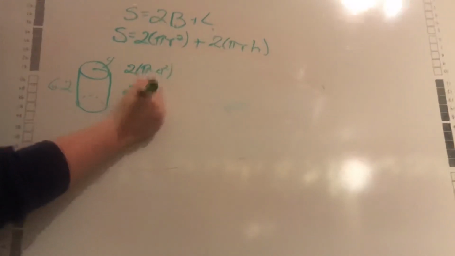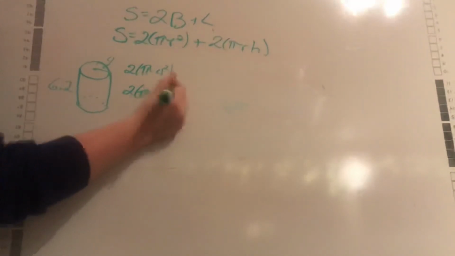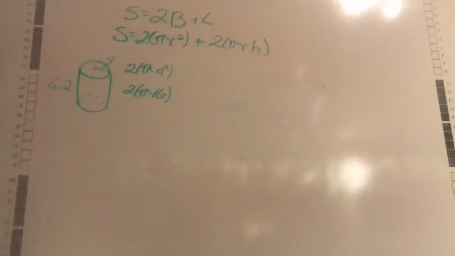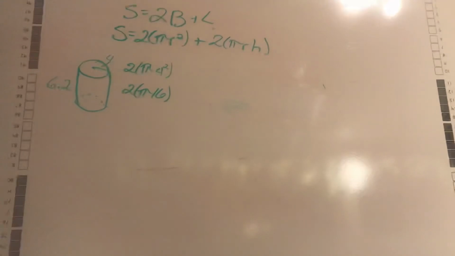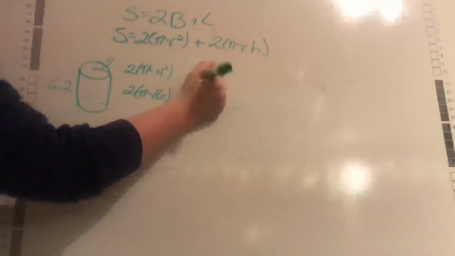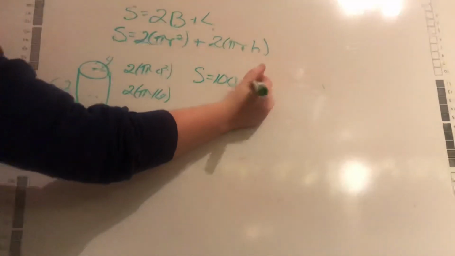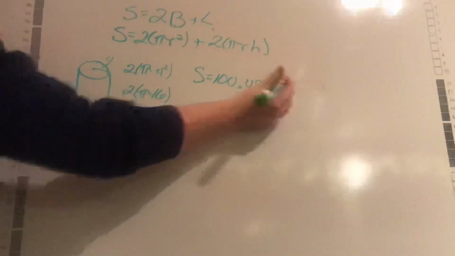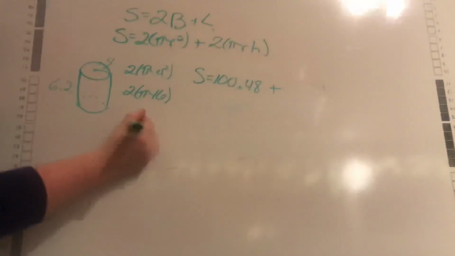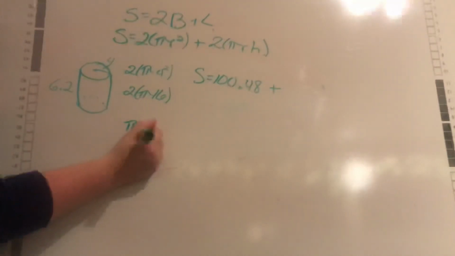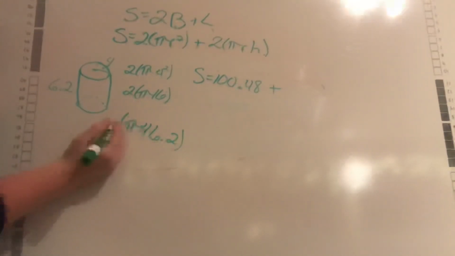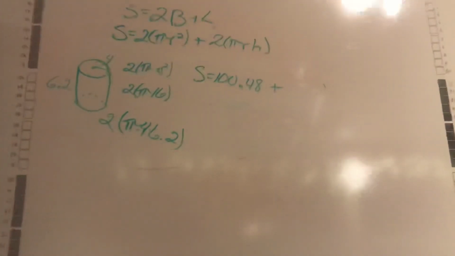Well, that's going to be 2 times pi times 16, which equals about 100.48, plus pi times 4 times 6.2, and that times 2.